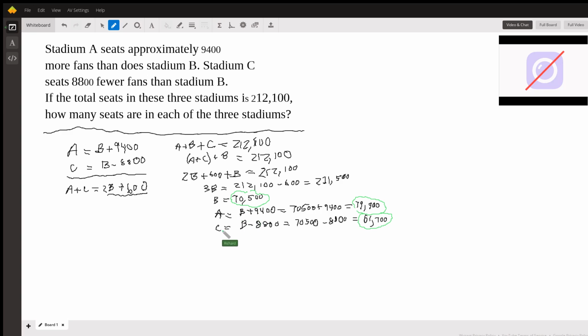You can take my word for it, or you could do it on your own calculator. 70,500 plus 79,900 plus 61,700 adds up to 212,100 on my calculator anyway, which is what we started with right here.